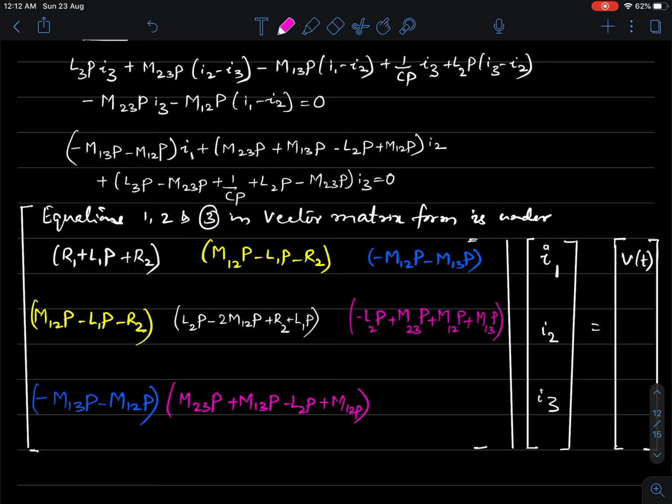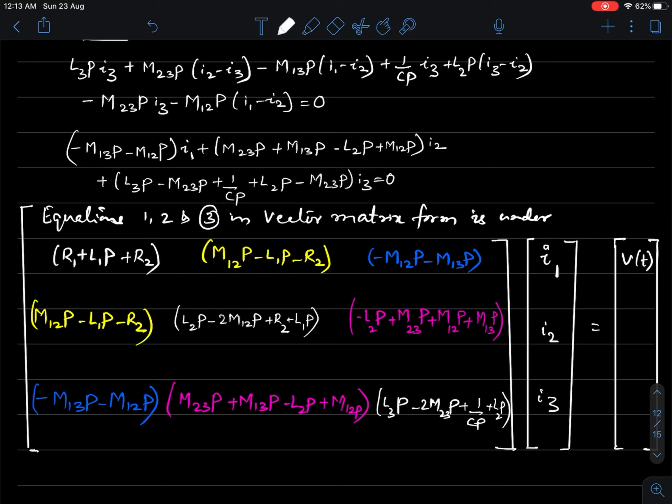Now I'll pick white color, then I'll put the last element, the coefficient of I3 from the third equation. I may have to write it as L3P, and then I will club the two: minus 2 M23P, 1 by Cp, plus L2P. I'll close the matrices.